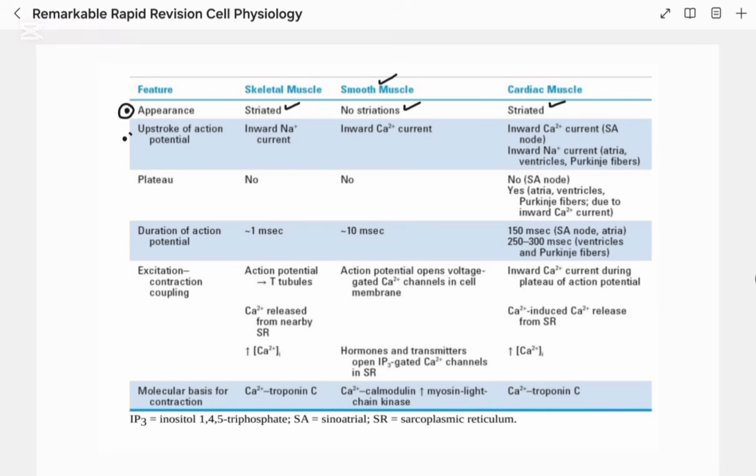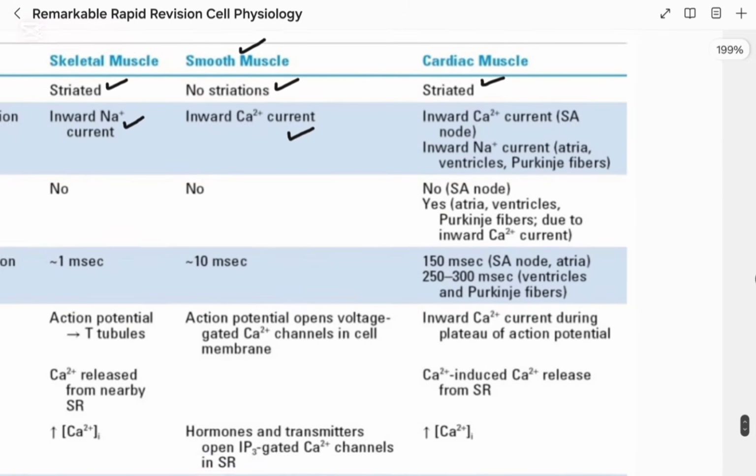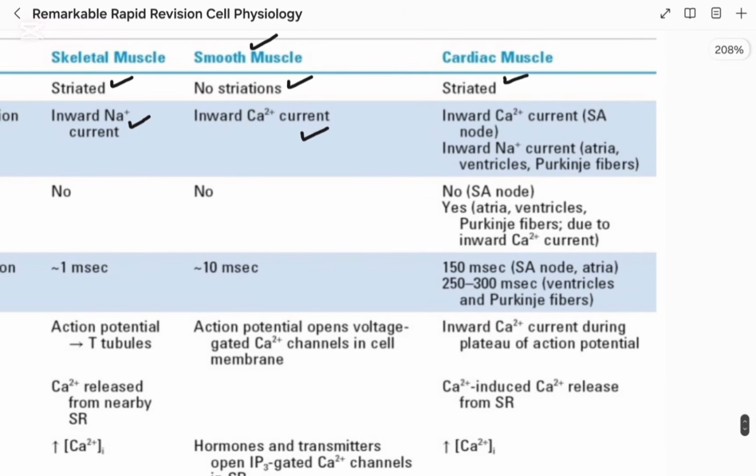So second up is the upstroke of the action potential. Upstroke of the action potential in the skeletal muscle fibers is the invert sodium channels, while in the smooth muscle we'll also discuss this in GIT that there will be an invert calcium channel. So the details of the action potential of the cardiac muscles will be discussed in the CVS topic, but here you just need to know that the SA node follows the invert calcium current for depolarization, and all the other components of the cardiac muscles like the atria, the Purkinje fibers and the ventricular muscles, they are depolarized by the invert sodium channel, sodium current.